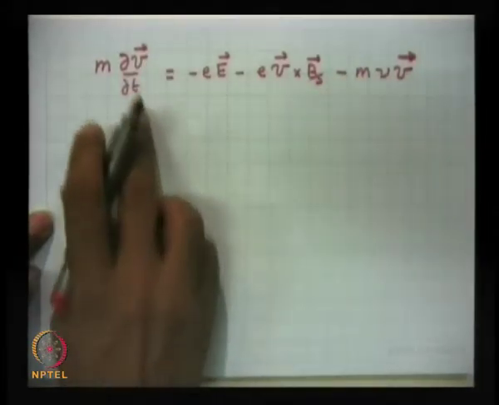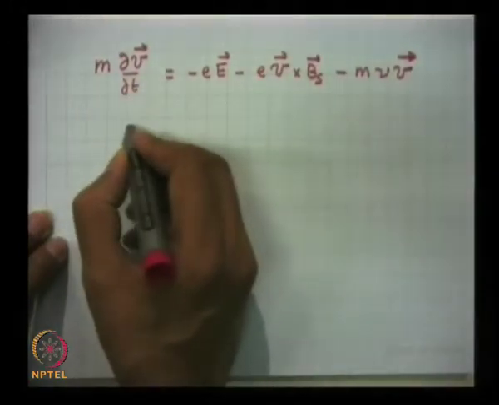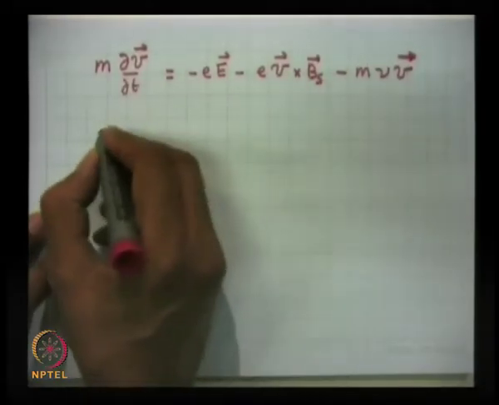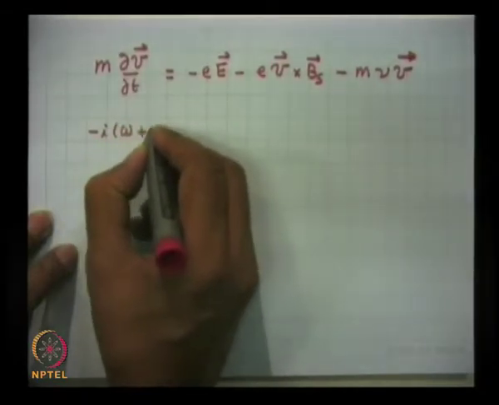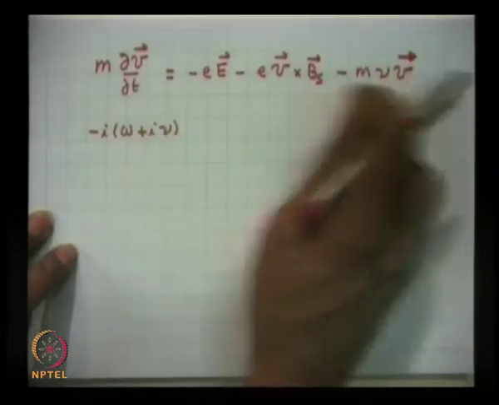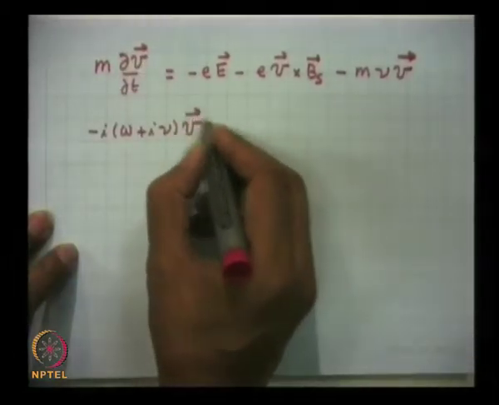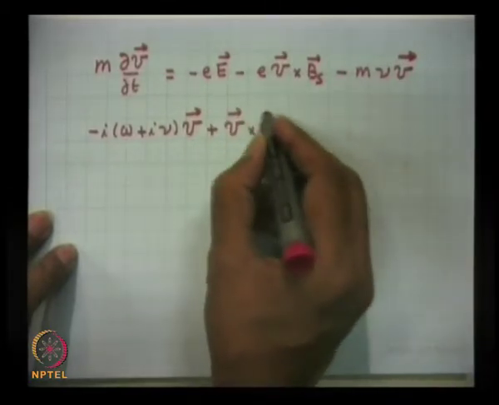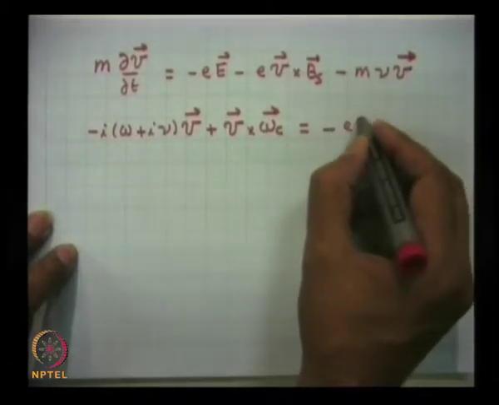If I replace delta by delta t by minus i omega, this equation takes the following form: minus i omega plus i nu. When I combine this term with this, after dividing by m, you get v plus v cross omega_c is equal to minus E upon m.